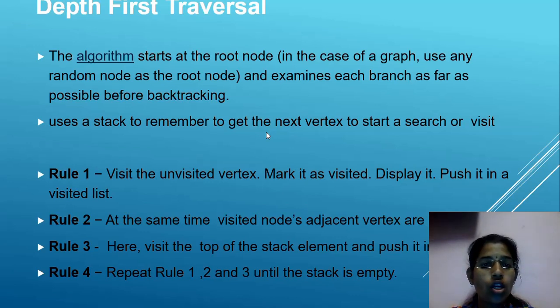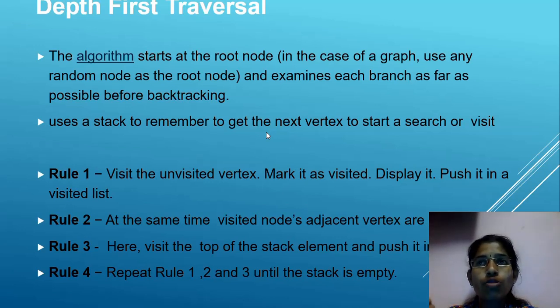This is an algorithm starting from the root node to the bottom of the node. This algorithm starts at the root node and examines each branch as far as possible before backtracking. You can consider any node as a root node, and from the root node go to its adjacent nodes until the end of the branch.